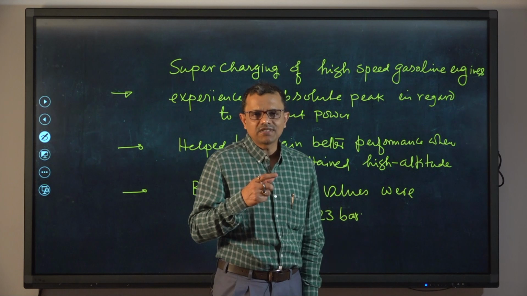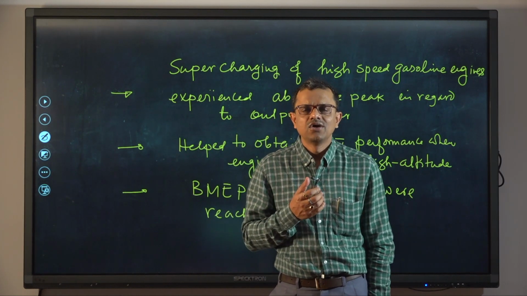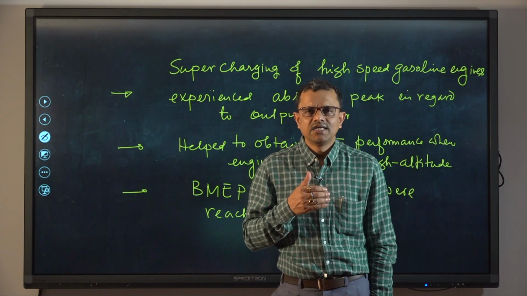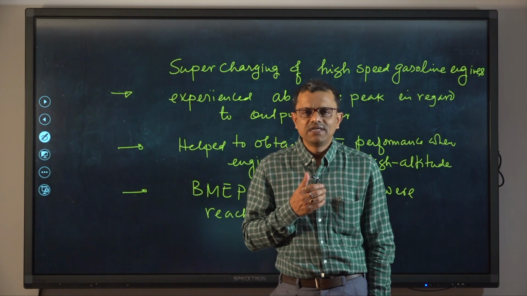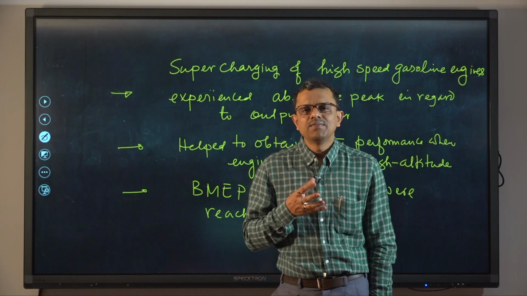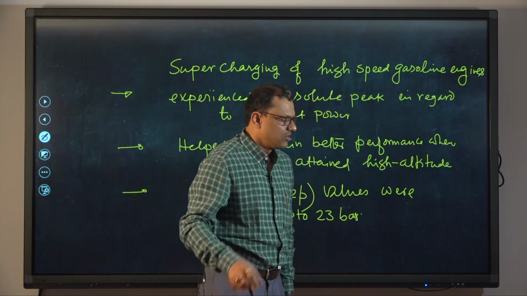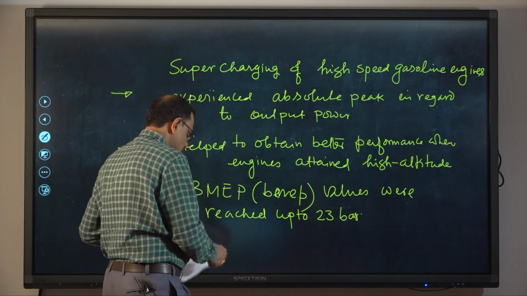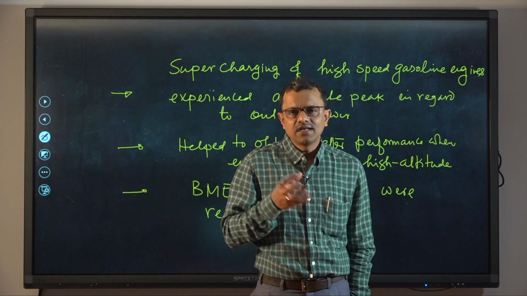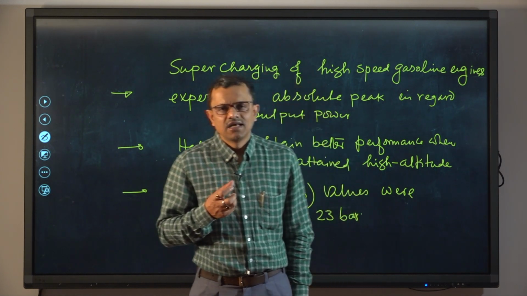The compressor, which will be used to increase the pressure or the mass of intake air following enhancement in its density, can be run either by using a mechanical system or by using exhaust gases. Okay.